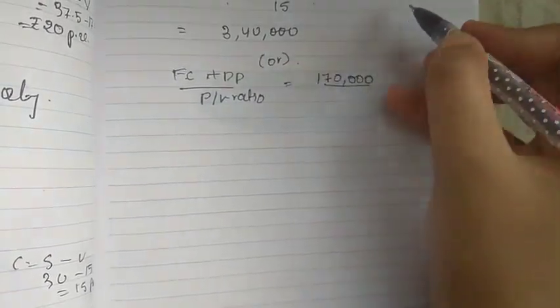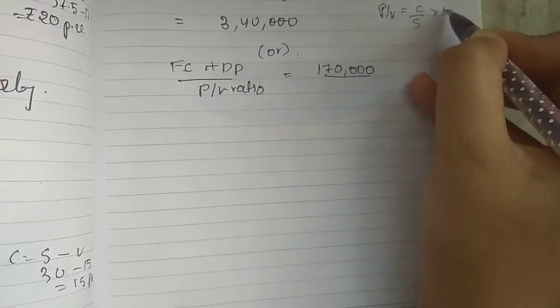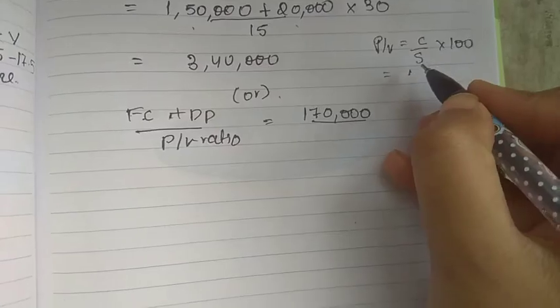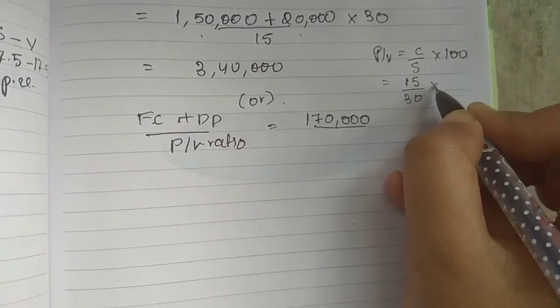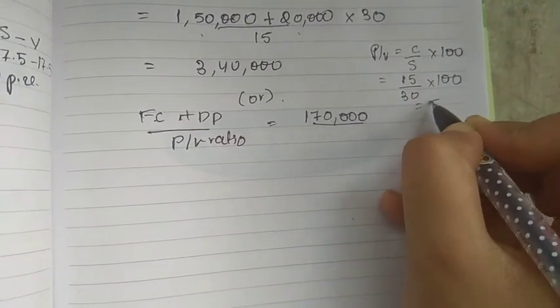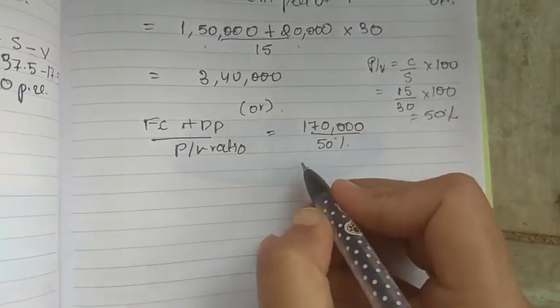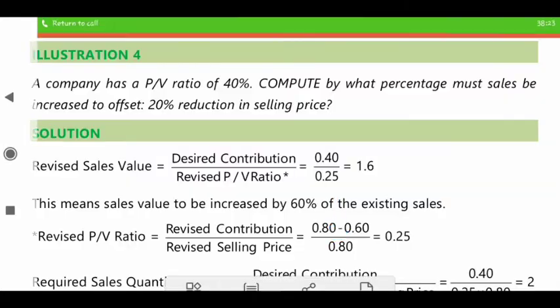PV ratio will be contribution divided by sales into 100, so 15 divided by 30 into 100. It is half, so it is 50%. So divided by 50%, it would be 3,40,000. Same answer for both the methods.